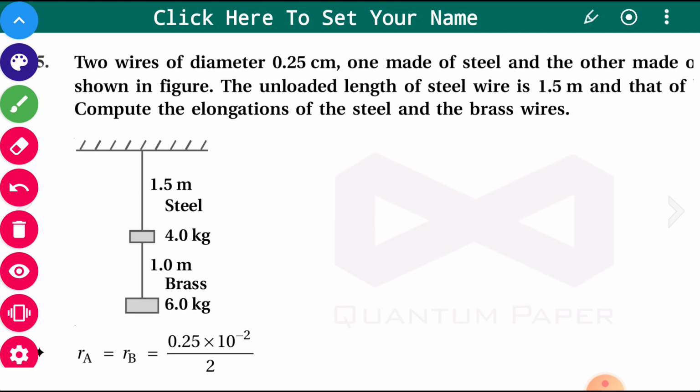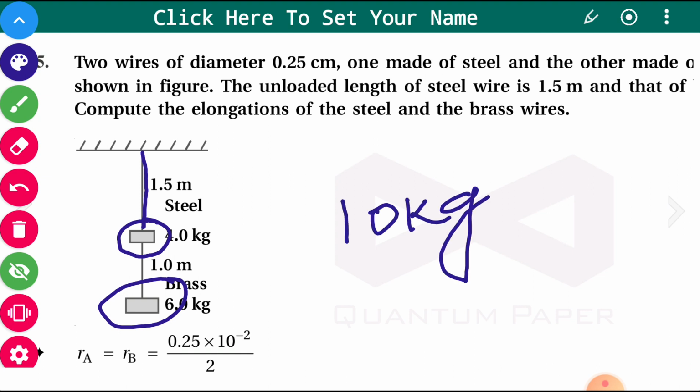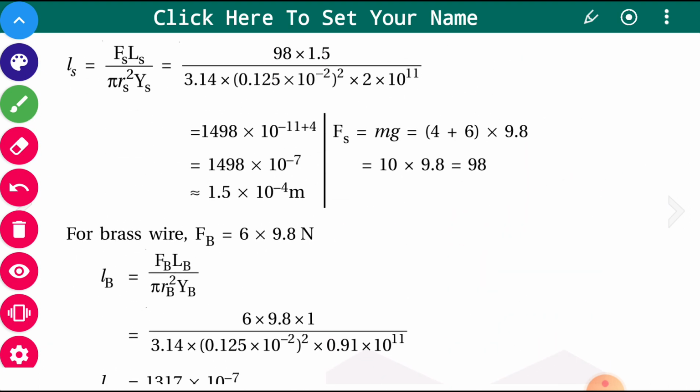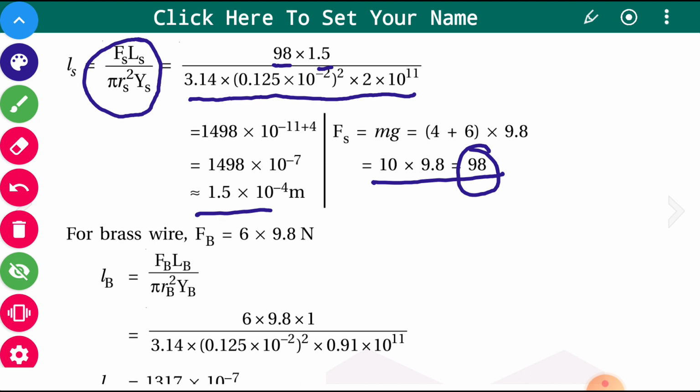The steel wire is at the top, so it is experiencing the load of 4 kg as well as 6 kg. So a total 10 kg load, and the force will be 10 into 9.8, that is 98 Newton. Place these values in the equation: 98, 1.5 as the length of steel wire, and the other values. Simplify, and you get the elongation in steel wire.